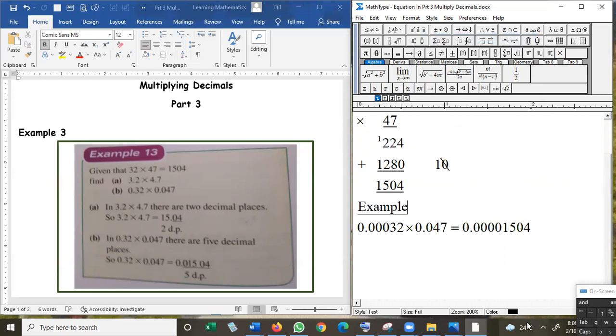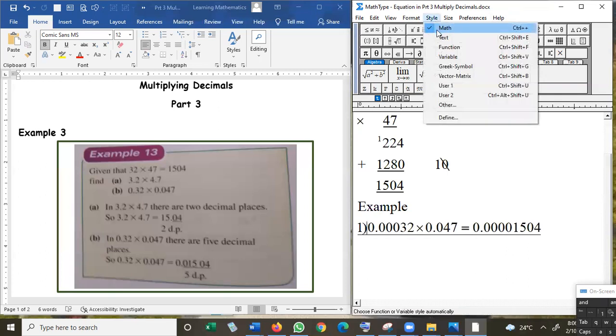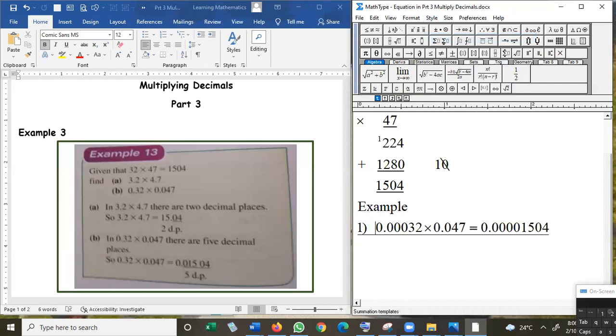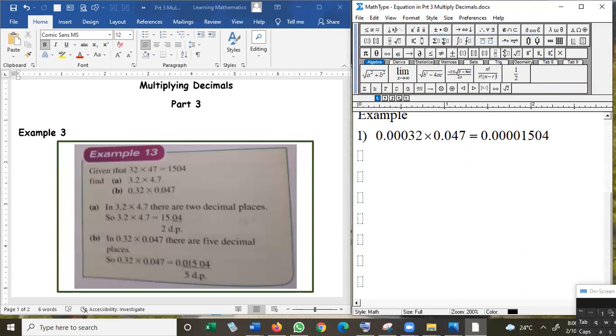So please take this down. Let's do another example. So example 2.